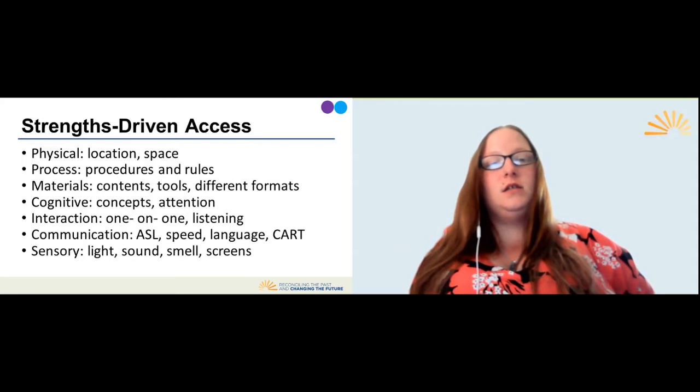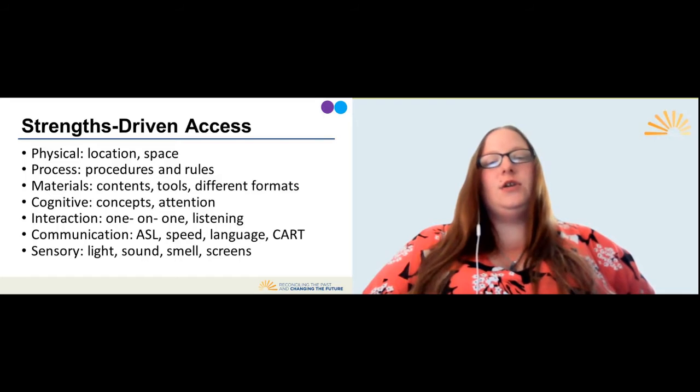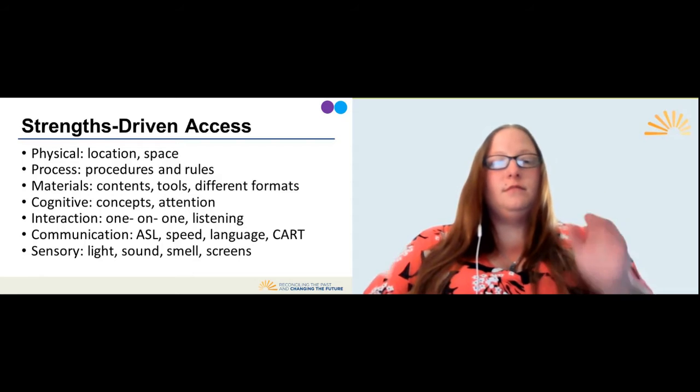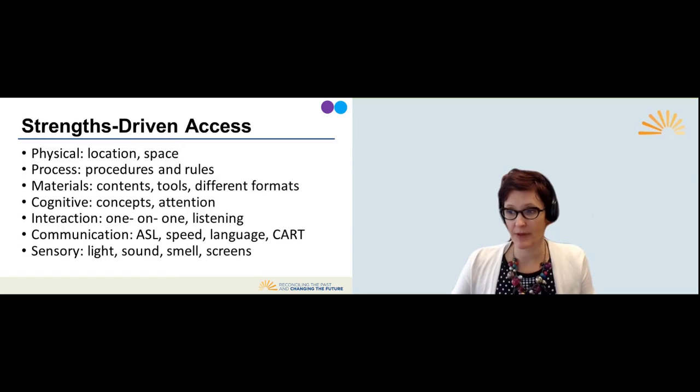For process and procedures and rules, so brainstorming individually or in small groups to assist and understand ideas or generate ideas, like active processing. We also have to think about the accessibility of materials.